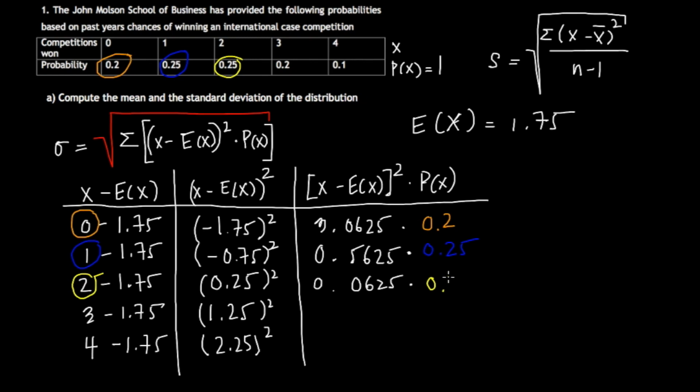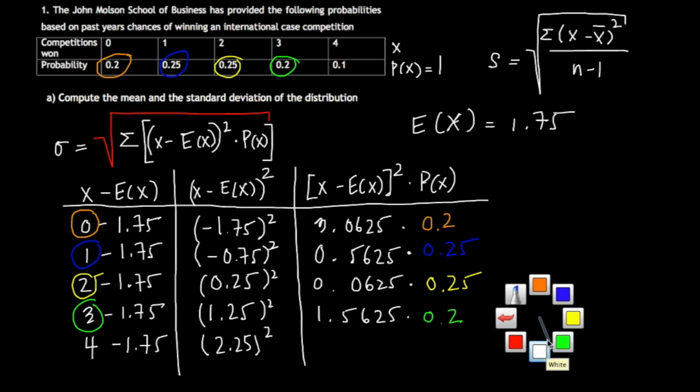Okay, so 0.25, and then I'm going to have 1.5625 multiplied by the probability of the 3 competitions outcome, which is 0.2.